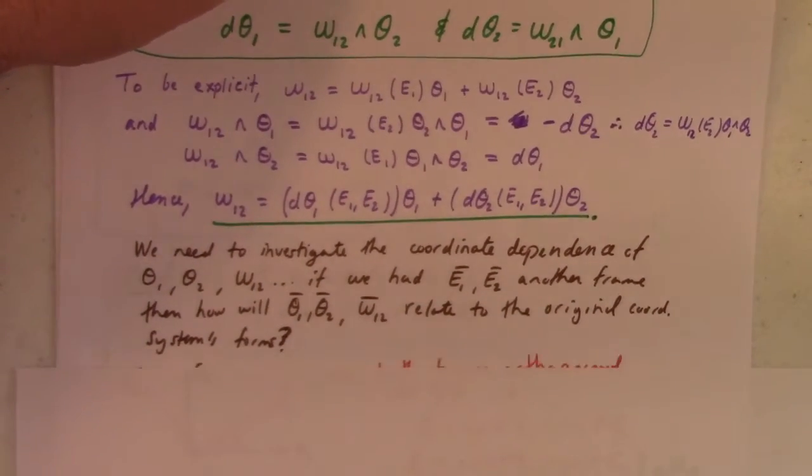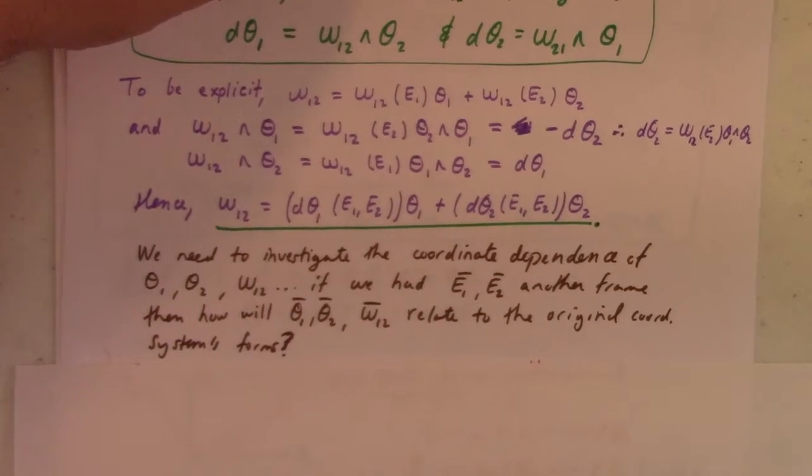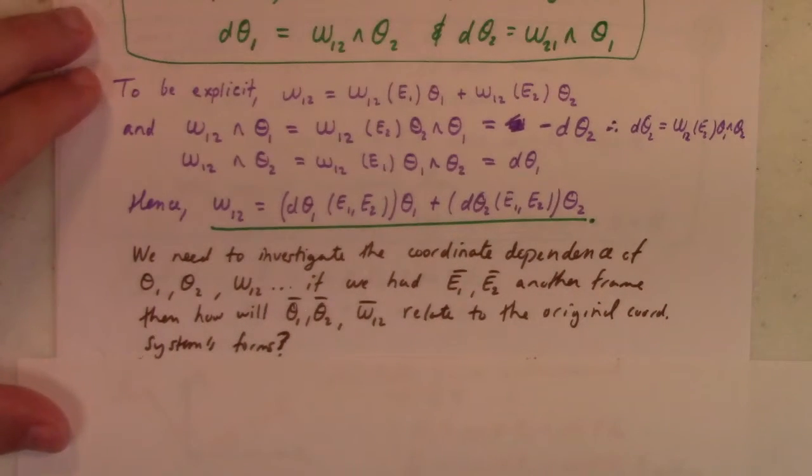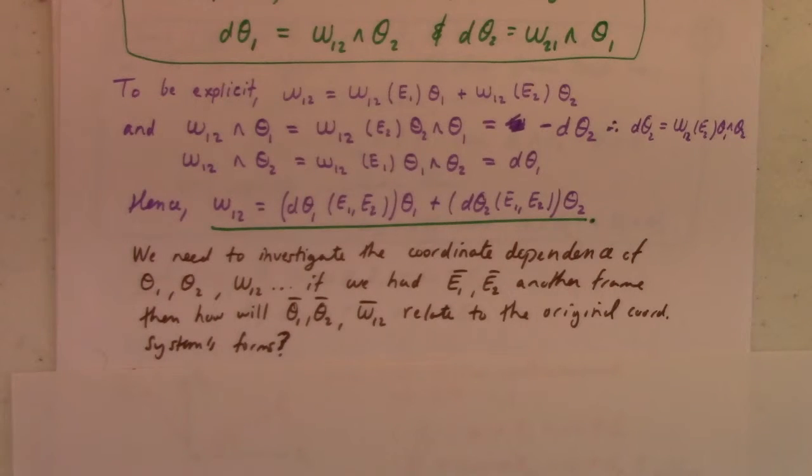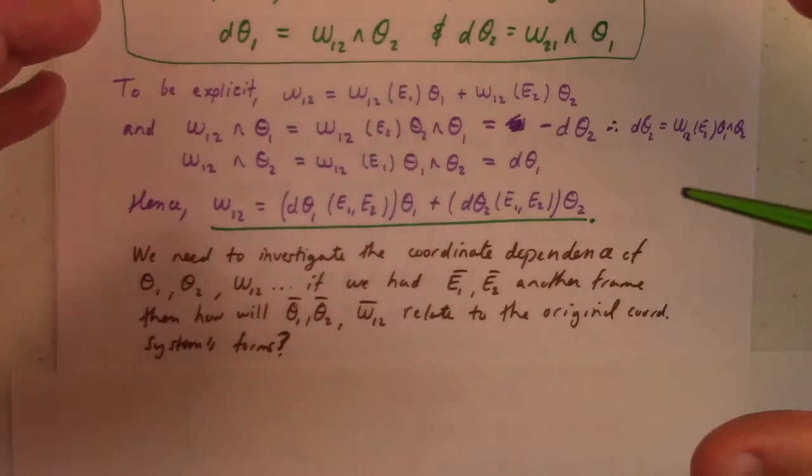So, that said, there's a question which is begged by all this, which is the coordinate dependence of theta 1 and theta 2. Before we were doing everything with respect to this universal backdrop of the Cartesian coordinate frame, now we've lost that, and we're doing things on this coordinate system that we invented on this abstract set, and so it begs questions like, what if you invented a different coordinate system?